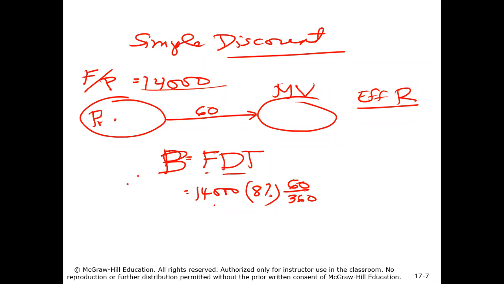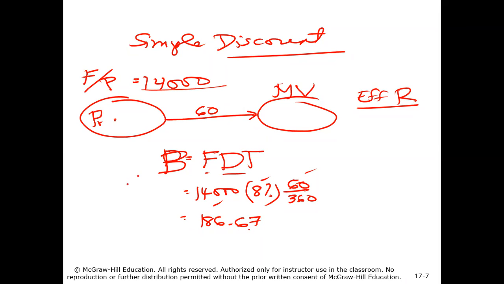So everything is the same in this case, but it can also be different. 14,000, 8%, 60 over 360 is 186.67, just the same as the interest earlier.